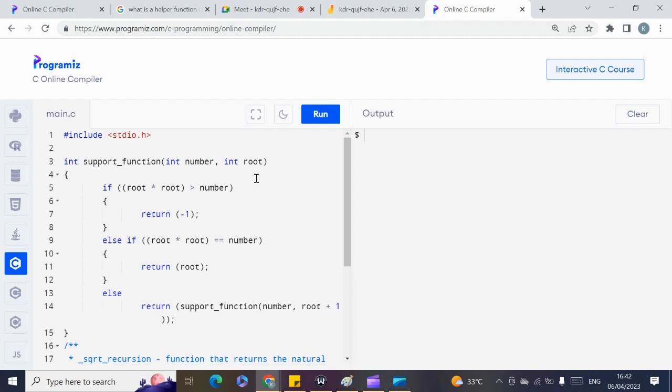Here my base statement is that if root multiplied by root is greater than the number, meaning it is not it. So let's get to the question.